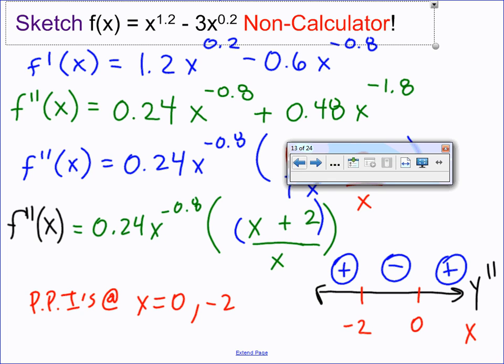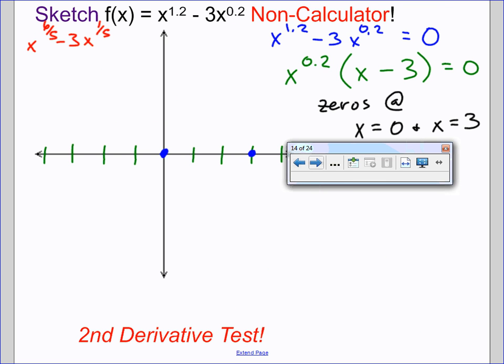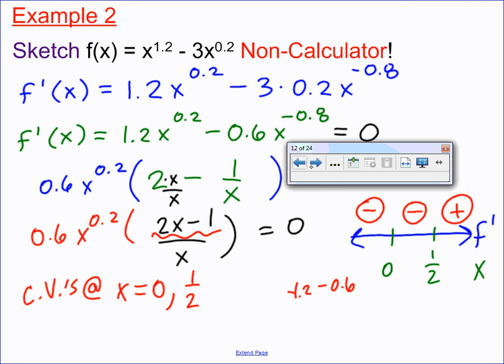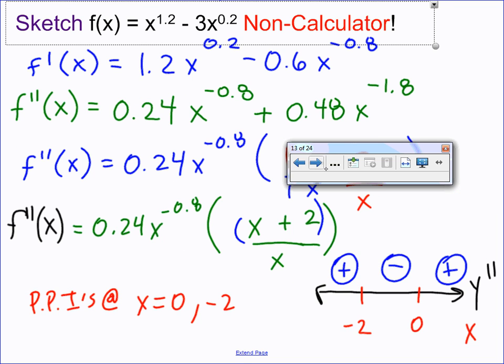X equals 0, we've got a change in curvature, so I can put that. At x equals 0, we've got a vertical tangent because y prime was undefined, and decreasing before and decreasing after. So we can add that.